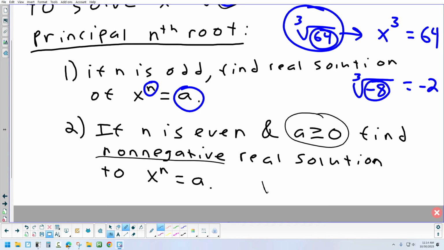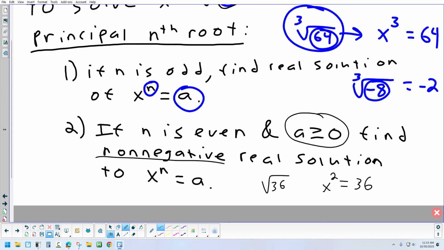So if I had the square root of 36, and somebody asked me to explain what that means, I would say that there's a number you can raise to your index, and when you raise that to your index, you will get your radicand. So in this case, some number to the second power gives me 36. Well, there's 2 numbers. 6 times 6 is 36. -6 times -6 is 36.